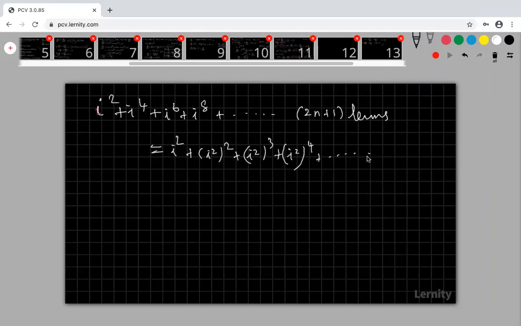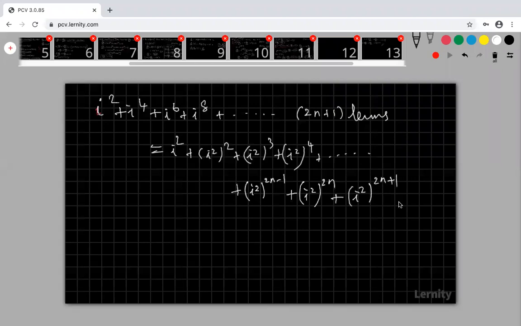What is the 2n minus 1th term? This is i square to the power 2n minus 1. This is the 2nth term, and this is the 2n plus 1th term.